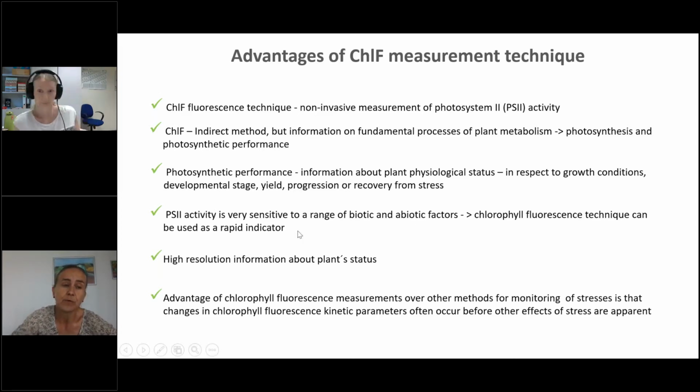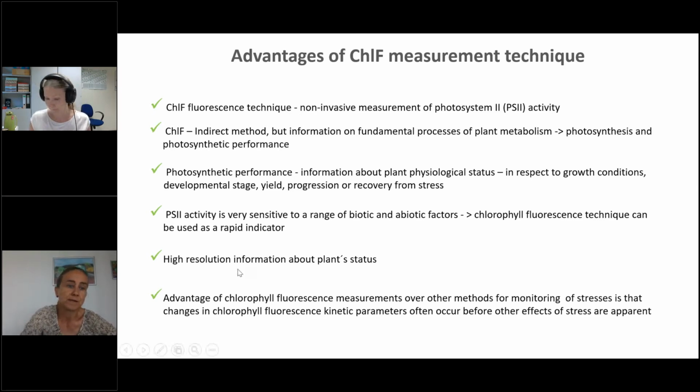And another important point to mention is that PS2 activity is very sensitive to a range of biotic and abiotic factors. So chlorophyll fluorescence can be used as a rapid and sensitive indicator of the plant performance status.